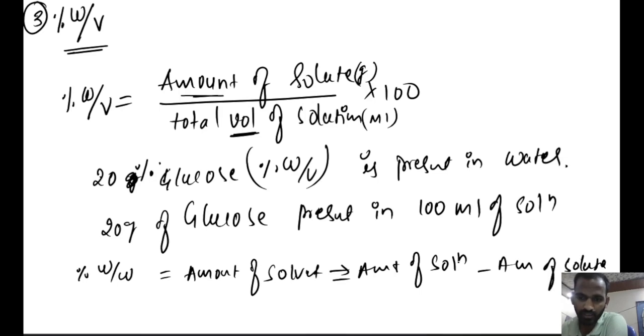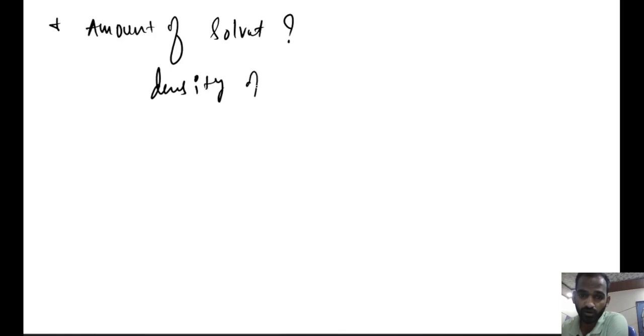But this time I don't know the amount of solution. So first, if I want to find out the amount of solvent, I also want to know the density of the solution.